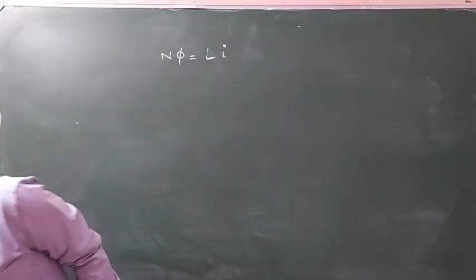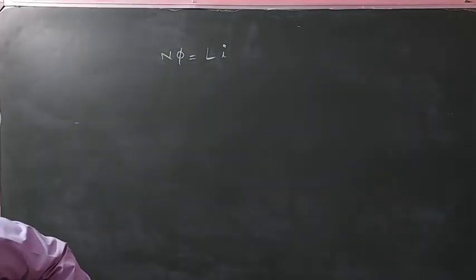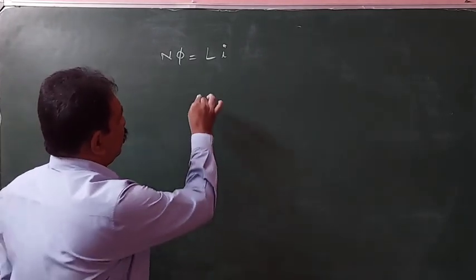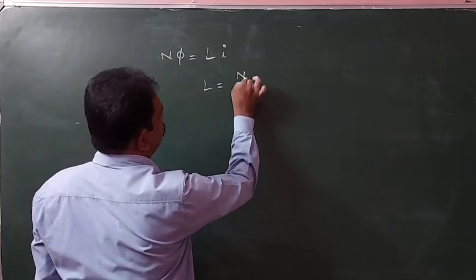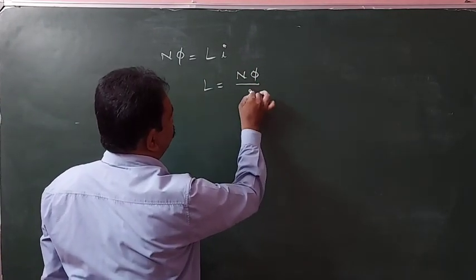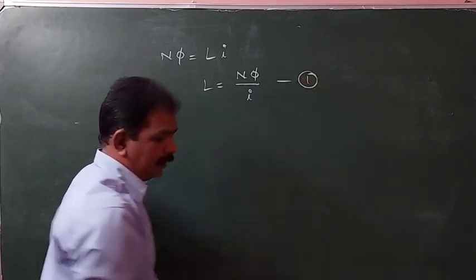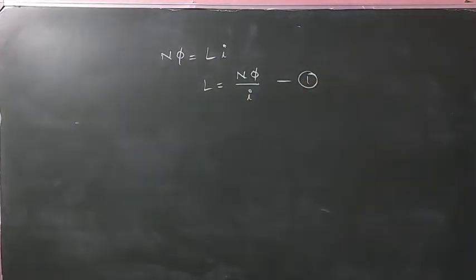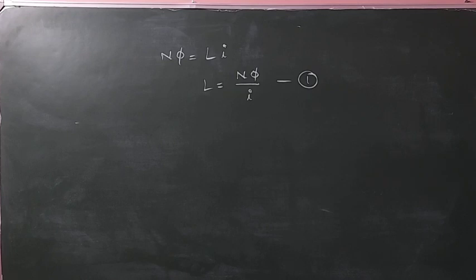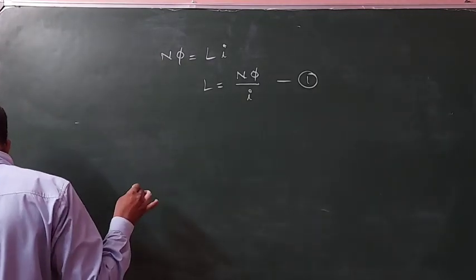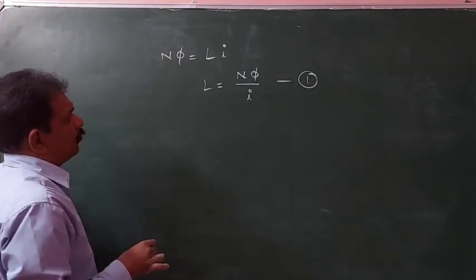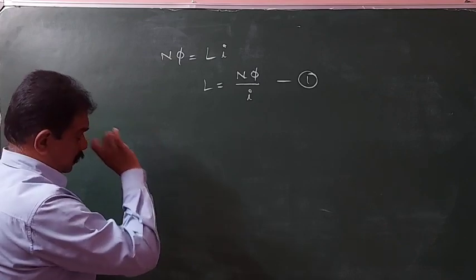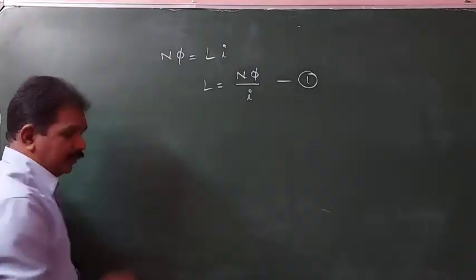Then the L value will be how much from this? L is equal to N phi by I. Let it be equation 1. Then we'll do one thing.